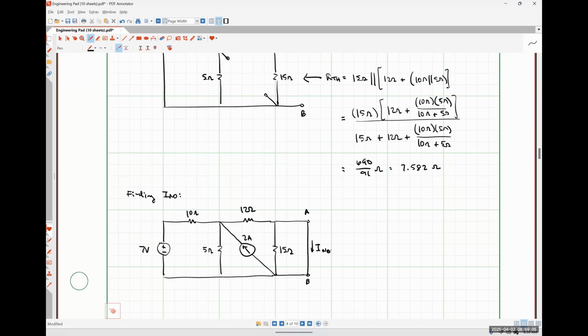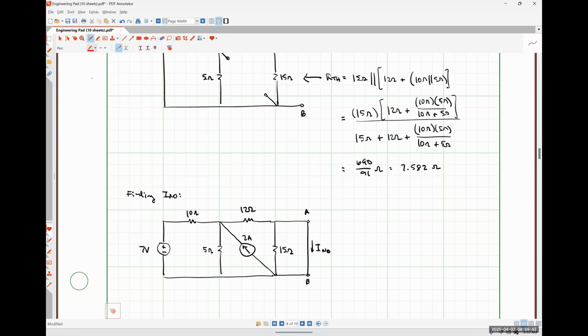So what analysis technique would you guys care to use here? Mesh, okay? So I would probably tend to use mesh as well, but I'm going to make a slight modification. Because the 15 ohm resistor is shorted out, we know that it's not going to contribute.